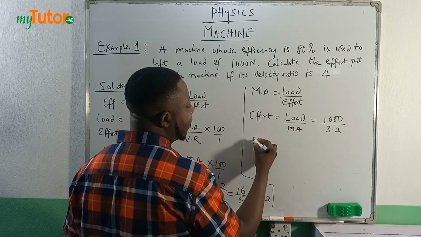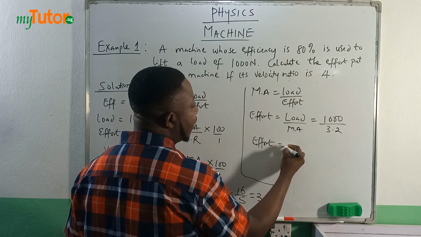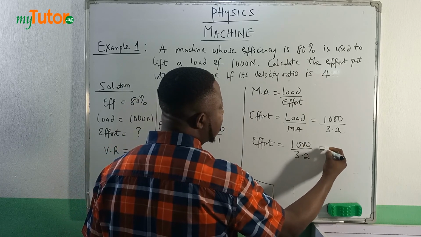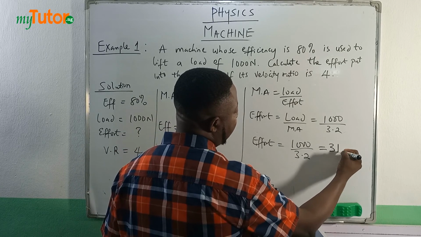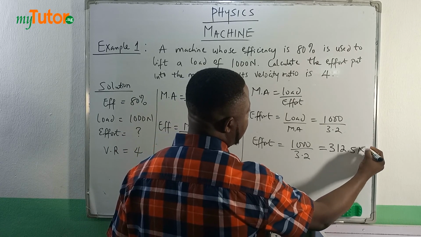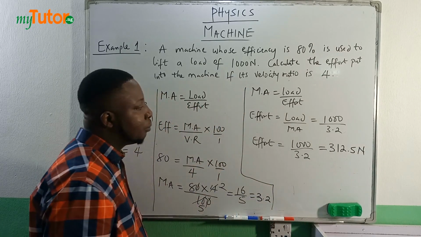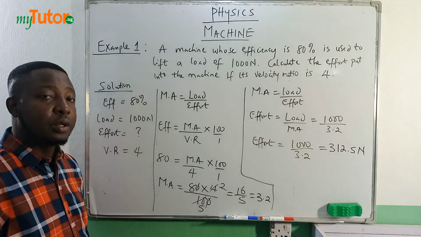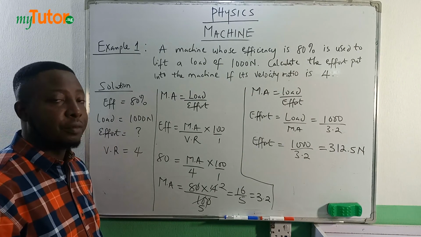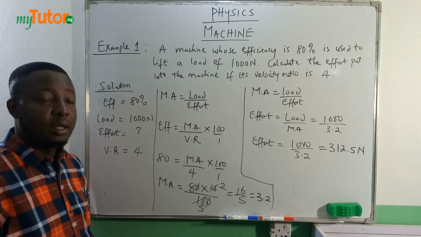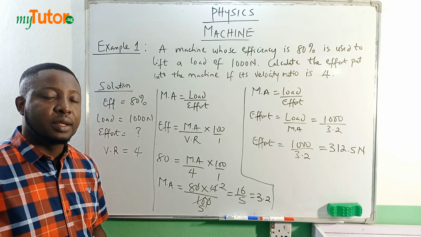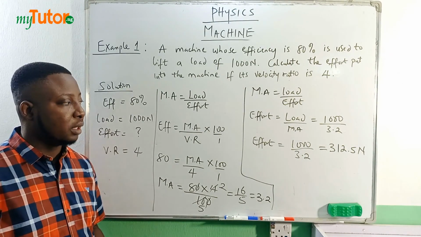So we now have that our effort will be equal to 1000 divided by 3.2, which is equal to 312.5 Newton. So this is how to calculate the effort that is applied into the machine, and how to solve questions involving efficiency of a machine.